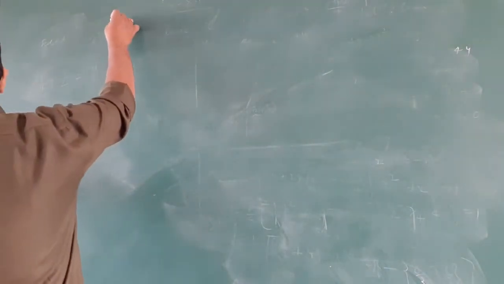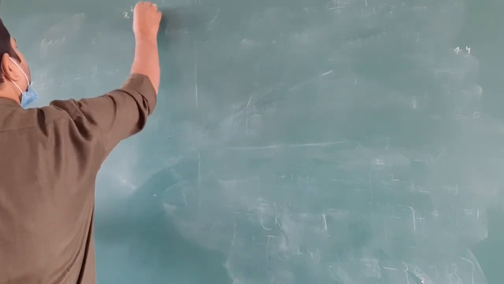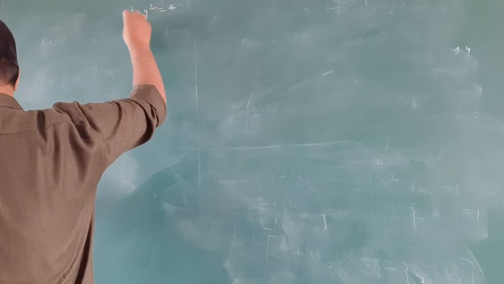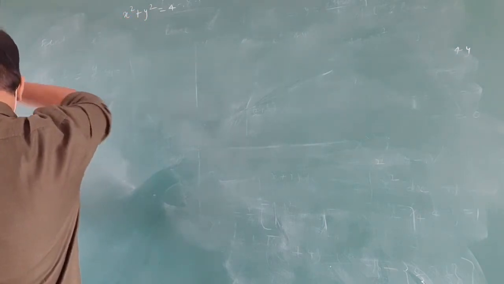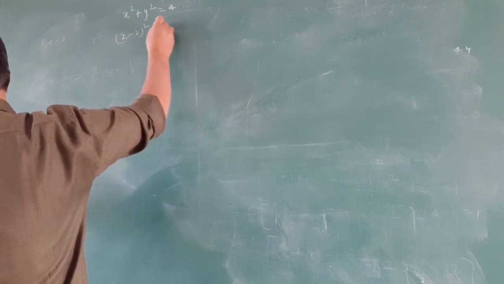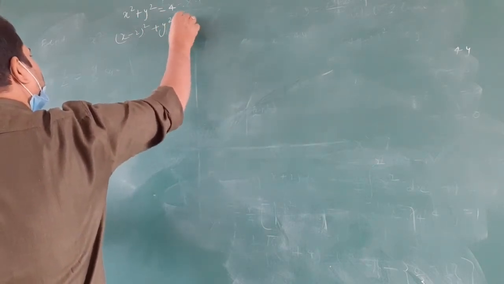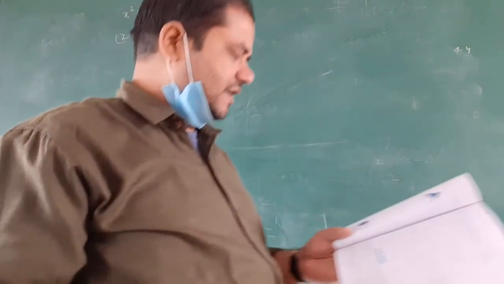Find the area of the region enclosed by the two circles x square plus y square is equal to 4 and x minus 2 whole square plus y square is equal to 4. We have to find the area of the region enclosed between these two circles.